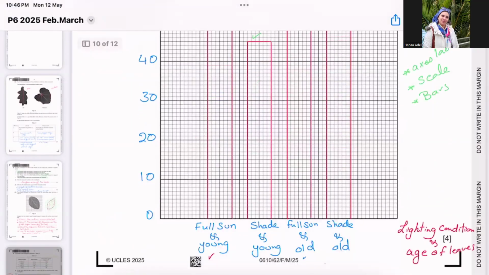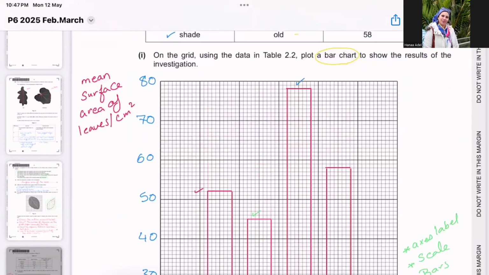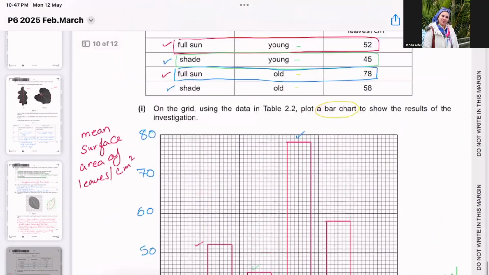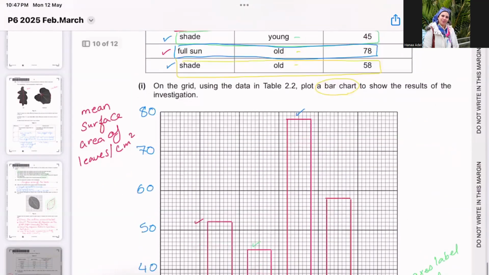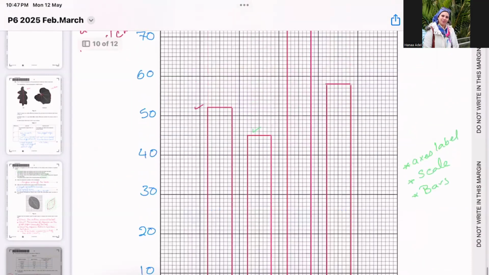Full sun old, the largest one, which is 78. And the last one, which is shade old 58. So we can write it, shade old, and we check it if it is 58.